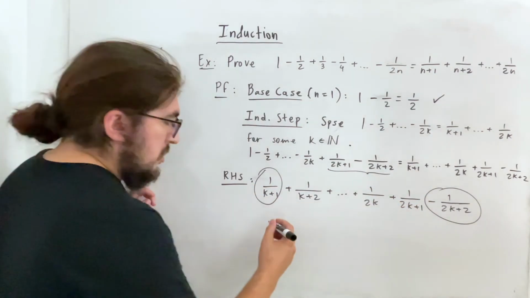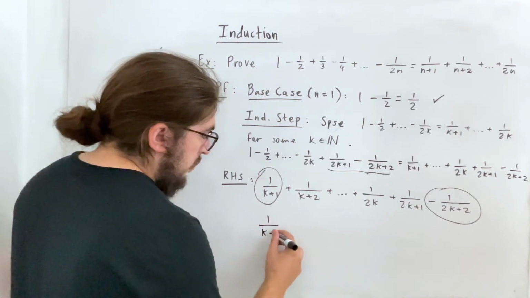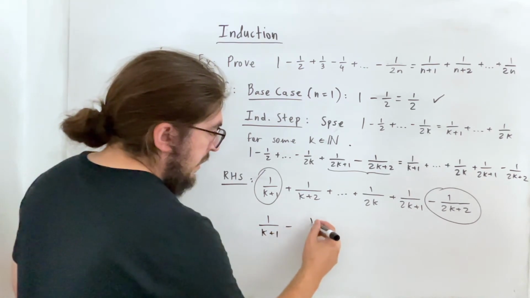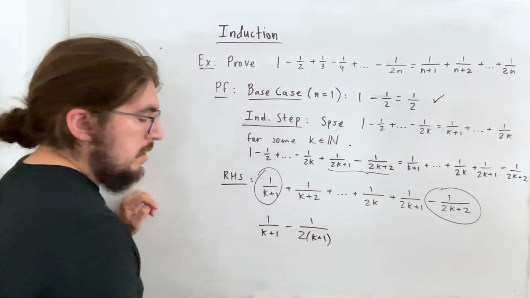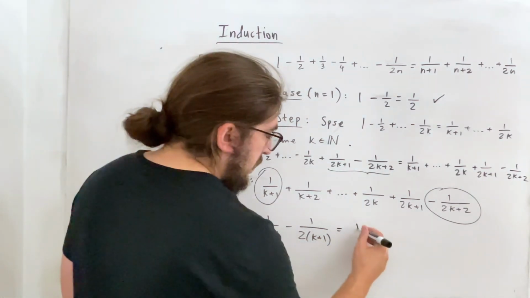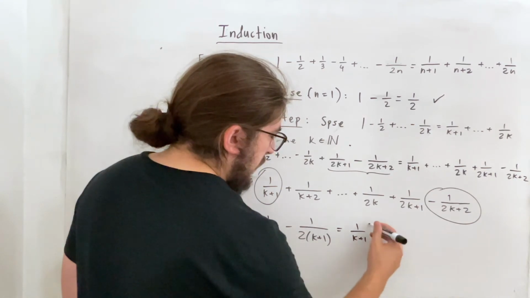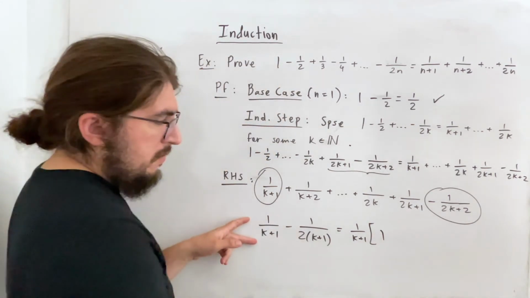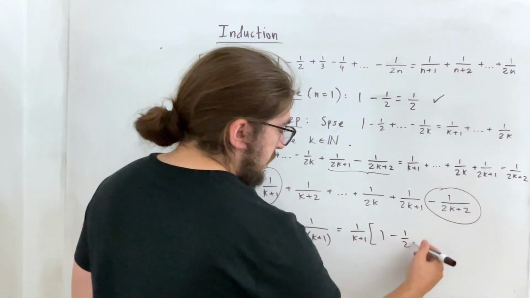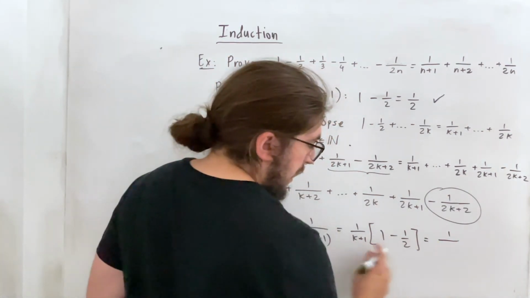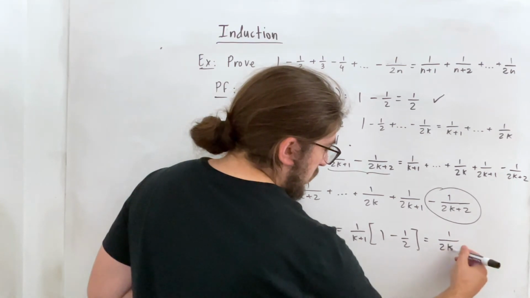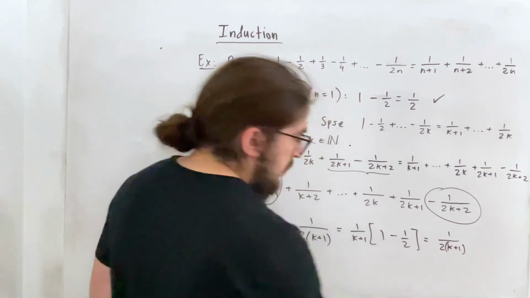That should be very easy to show, because this is 1 over k plus 1 minus 1 over 2 times k plus 1 if you factor that 2 out. And in reality, these both have 1 over k plus 1 in common. And if you factor that out, you get 1 from the first term minus that, which is, of course, 1/2 times 1 over k plus 1, which is that.